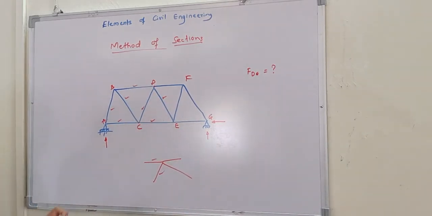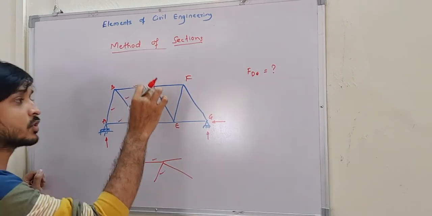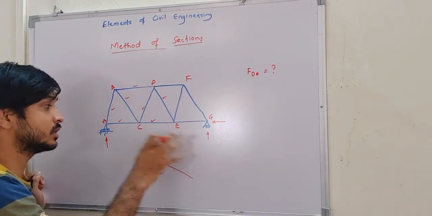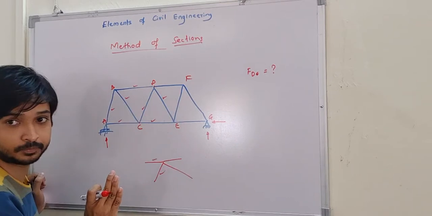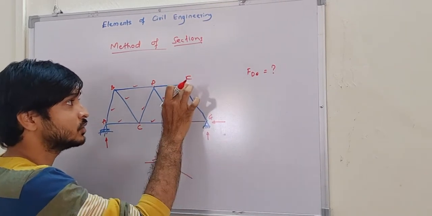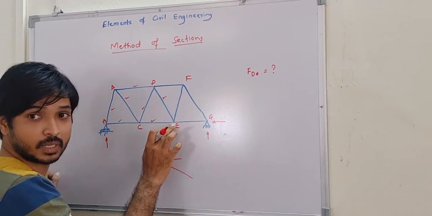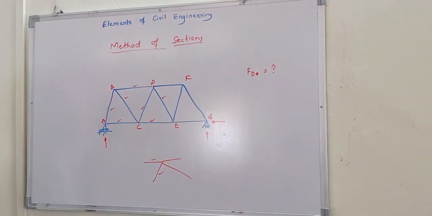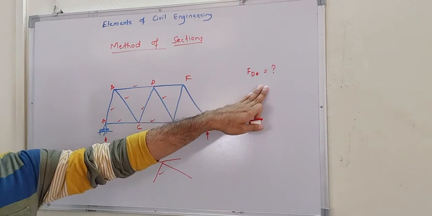So if you observe here, to find out the force in the member DE, what do I have to do first? I have to solve this much of the problem. Coming from this side, first you have to solve this joint, then this joint, and then this joint. At least a minimum of 3 joints you have to solve before finding the force in the member DE.